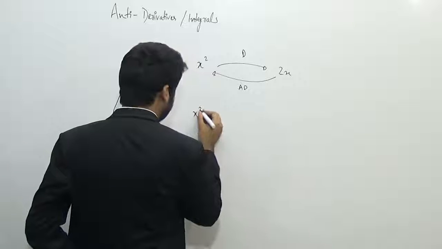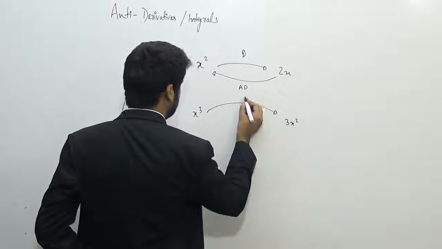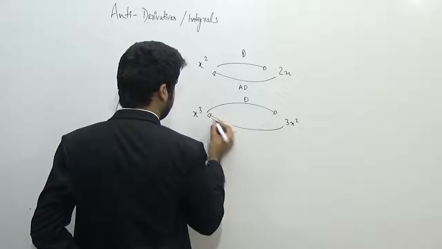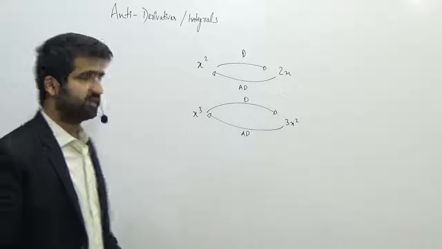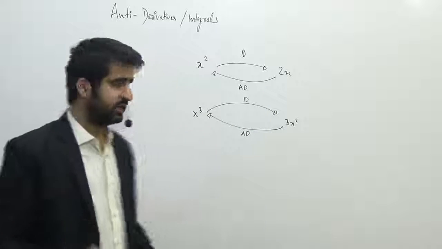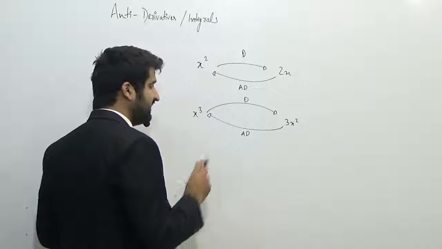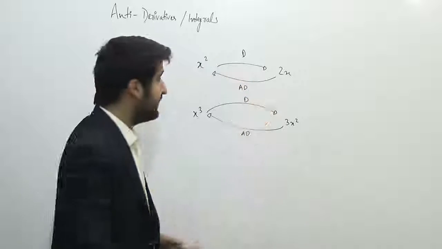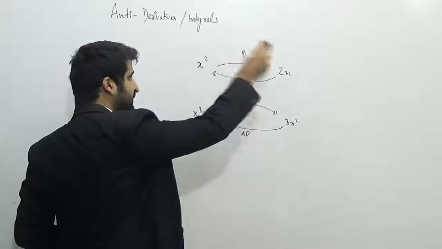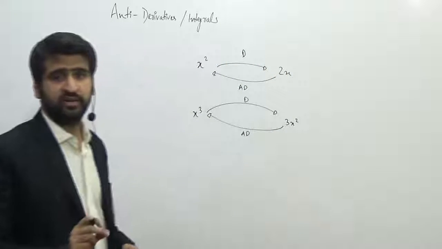Similarly, if we have x cube, the derivative is equal to 3x square, while the antiderivative will be equal to x cube. That's the difference between the derivative as well as the antiderivative, right? So we can judge from here that in case of algebraic functions or power functions, in case of differentiation, the power or the exponent is decreasing.